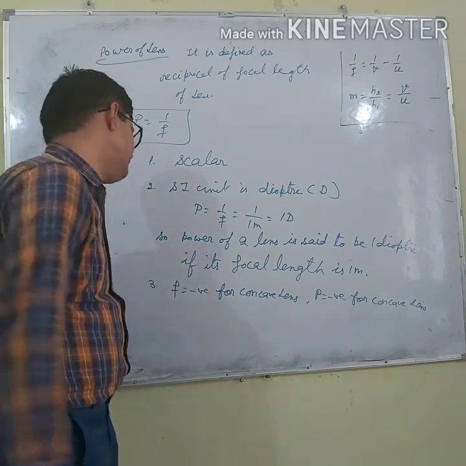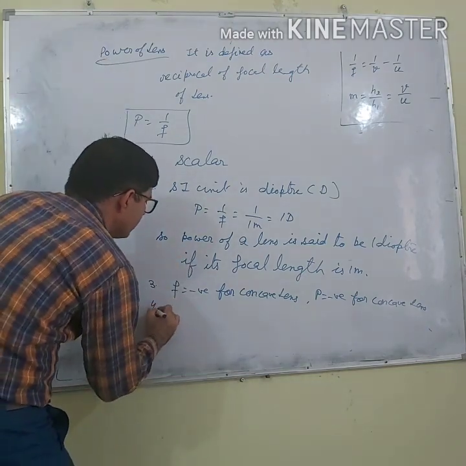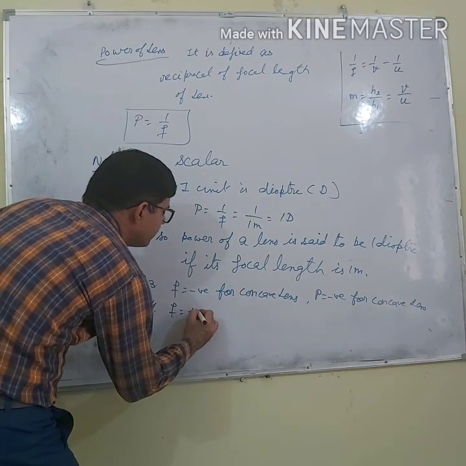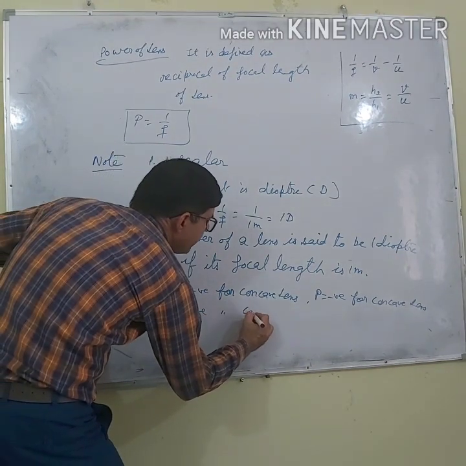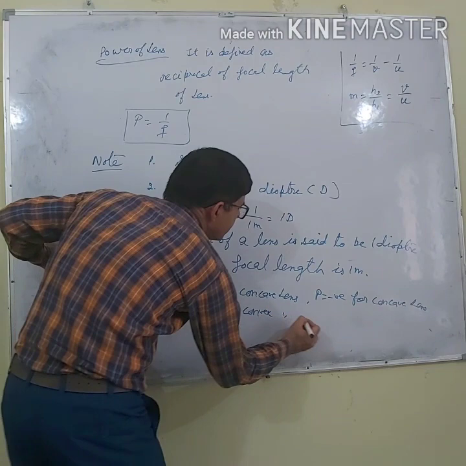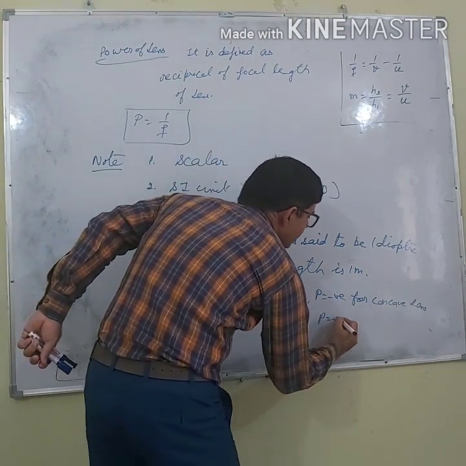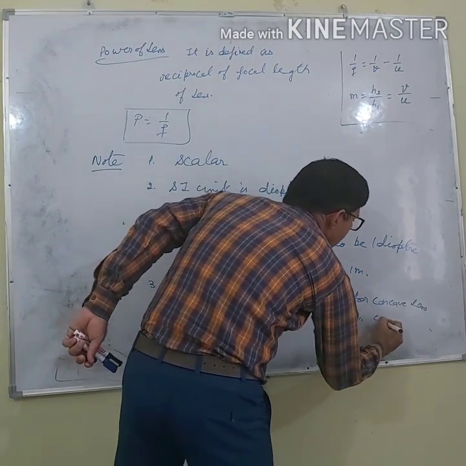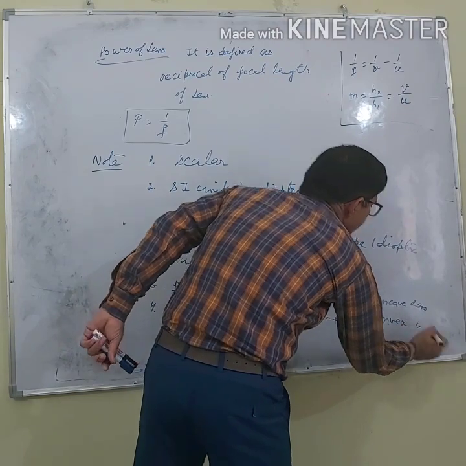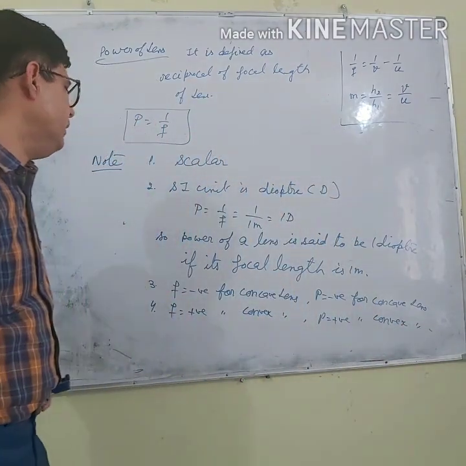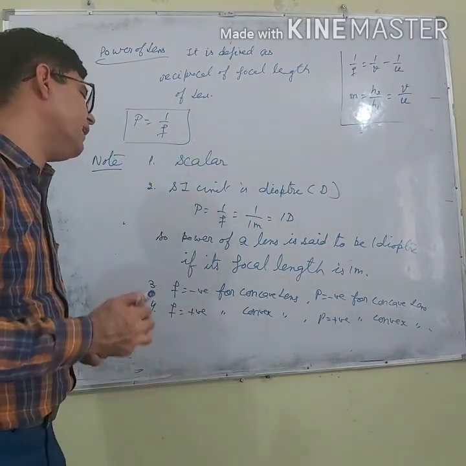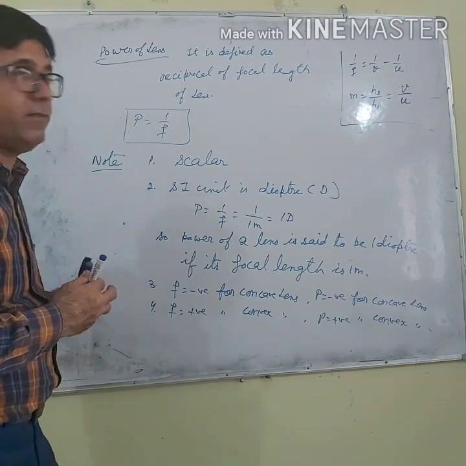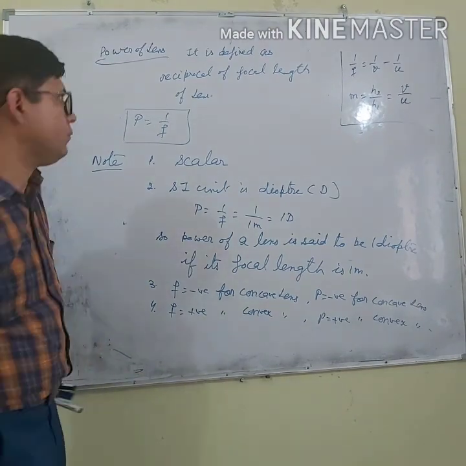It's a concave lens. Fourth, focal length is positive for a convex lens, so power is positive for a convex lens. If power is positive, then I will say that the lens is a convex lens. Right?